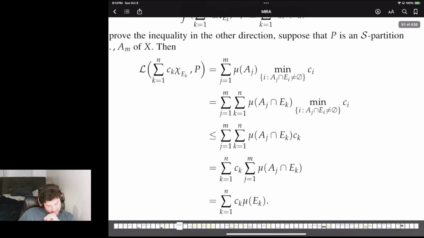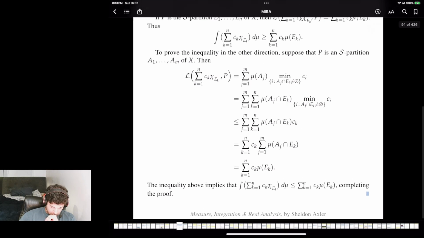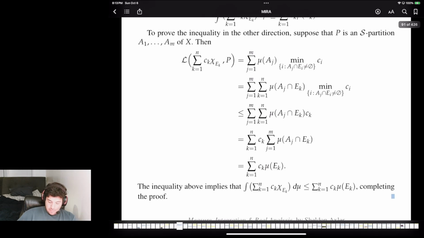Okay, so why is that the case? Why is that the case? Interesting.